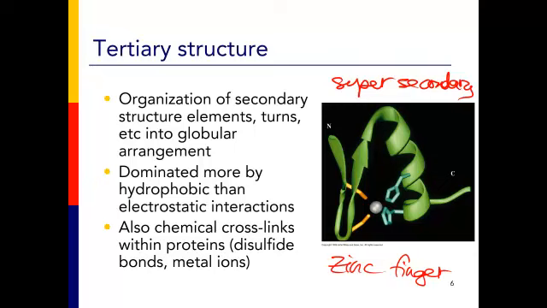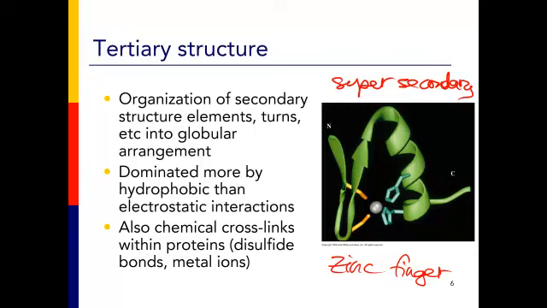You probably can't tell that from looking at it. So 2 cysteine, 2 histidine, chelating that zinc in place, and that's bringing parts of the protein that are a little further away in sequence close in space. So it's contributing to the tertiary folding of the protein, but by itself it's just a super secondary structure element. That's where it's kind of bridging the gap between a motif and tertiary structure.